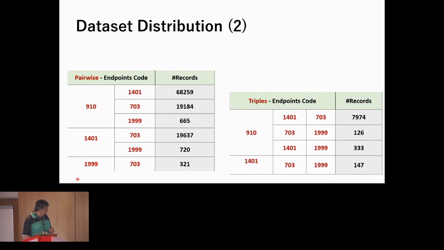Similarly, we did this with 1401 and the rest. Also, we have some triple endpoints, where we have three in the same record, and these are the values. This is just to see what we have in terms of endpoints in our data.